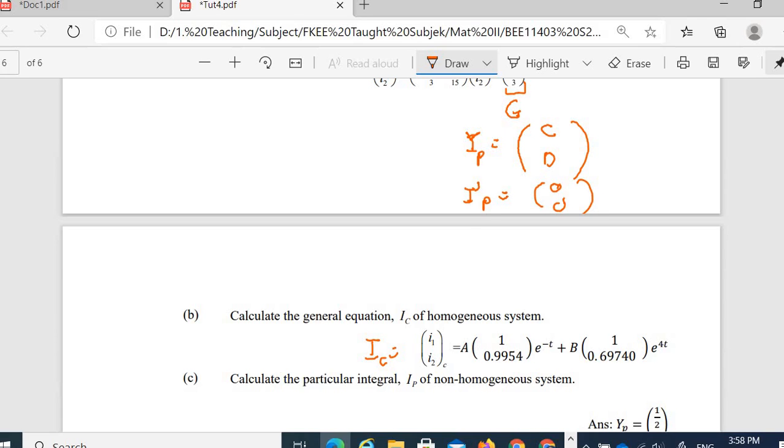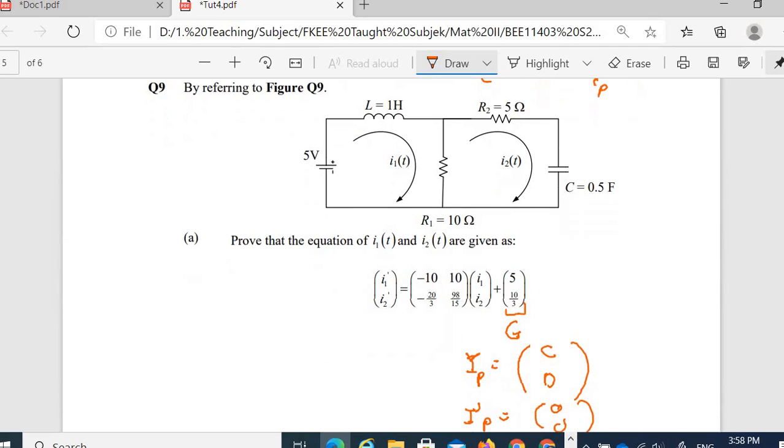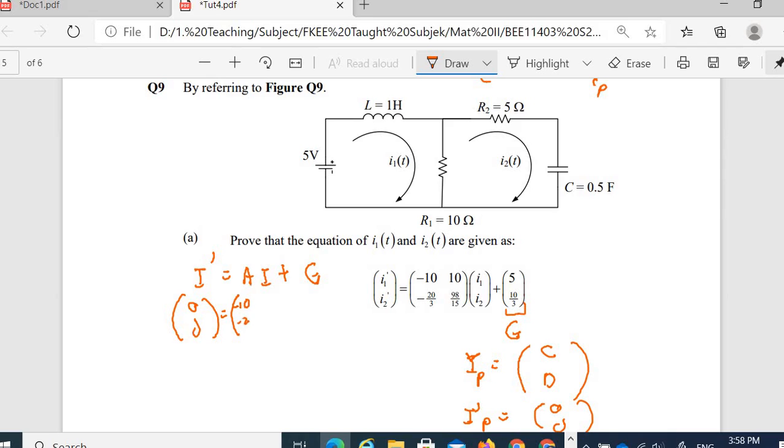So you plug in your I prime p. This system is actually I prime equals AI plus g. So for I prime you plug in 0, 0. And then you plug in your matrix A, I1, I2. This is negative 10, negative 20 over 3. This is 10, 98 over 15.